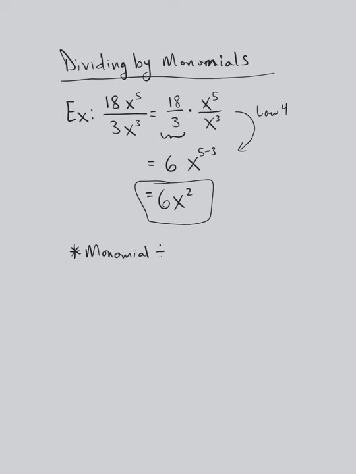The basic thing we're getting at here is that whenever we take a monomial and divide it by a monomial, and just remember that the fraction bar means divide, then we can group the numbers and group the variables. Sometimes we'll have more than one variable, so we want to group the variables by their name. Before, with multiplication, I said multiply the coefficients and add the exponents. Here I'm not saying divide the numbers, because a few things could happen.